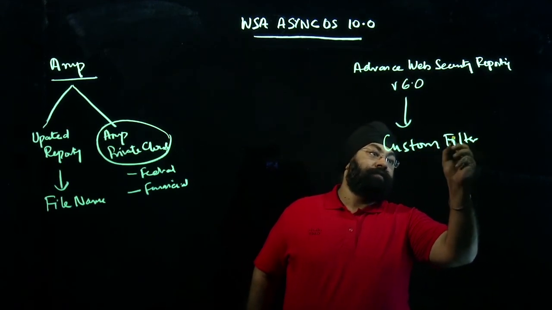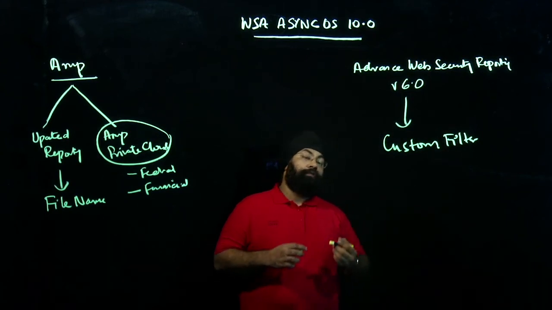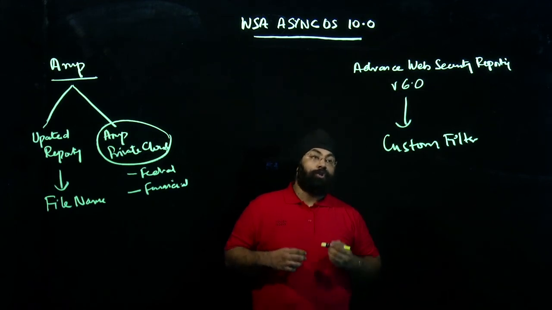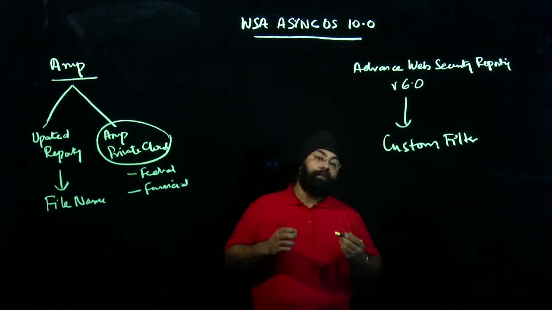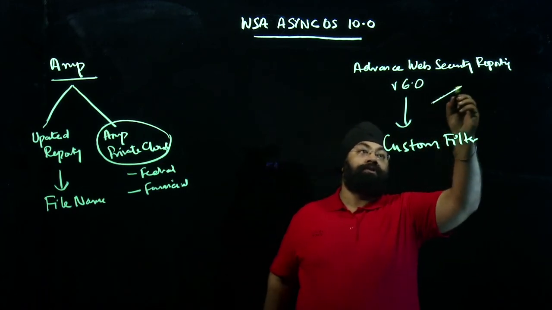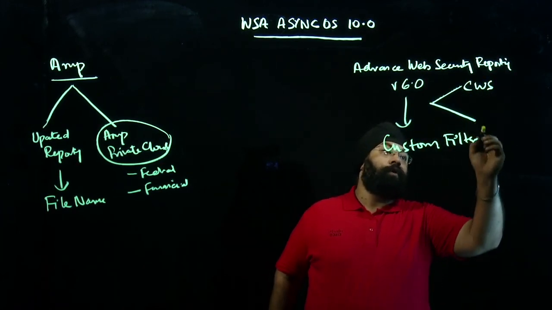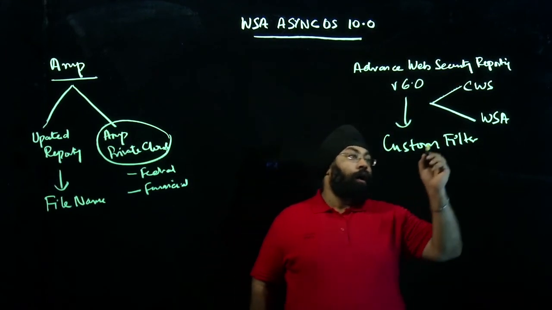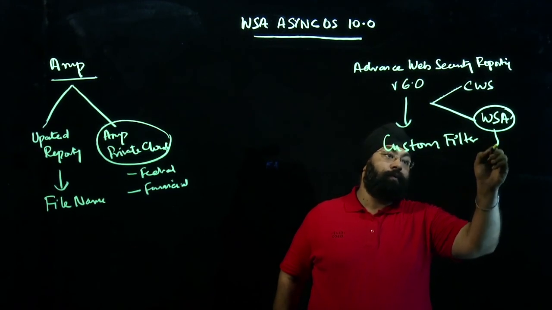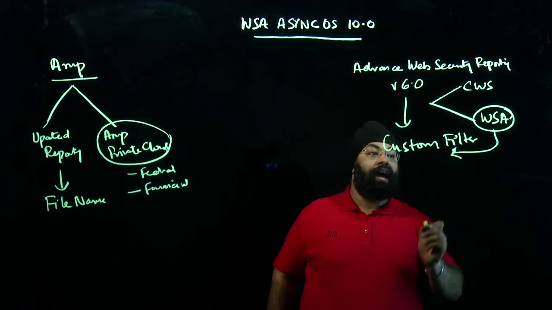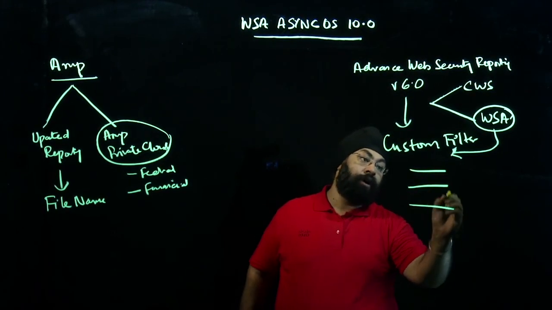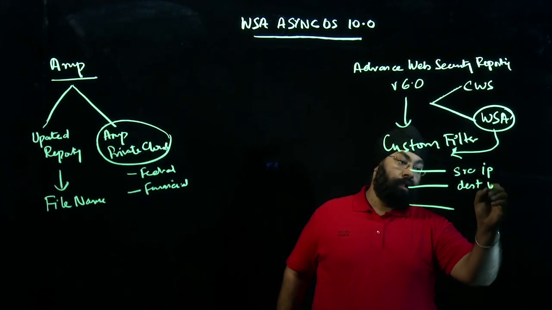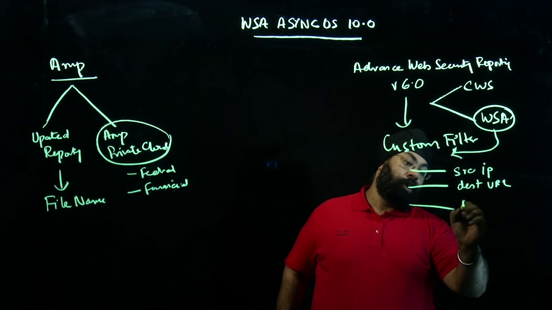The beauty of these custom filters, where we got a lot of demand from customers, is that they want to create their own customized reports. With the help of this feature, you can pick fields from CWS, that's Cloud Web Security, or from WSA, and introduce these custom filters, where you can get all the fields listed, like this is the source IP, this is my destination URL, and this is my username.